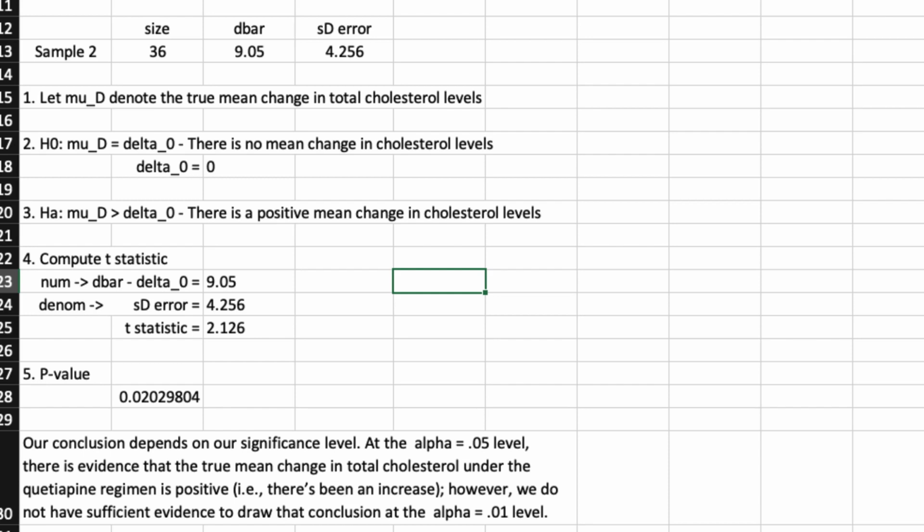But look at what happens when you draw conclusions at the alpha equals 0.01 level. So this is a very interesting thing. So at the 95% confidence level, we see there is evidence that the true mean change in total cholesterol is positive. But at the 99% level, we see something totally different.